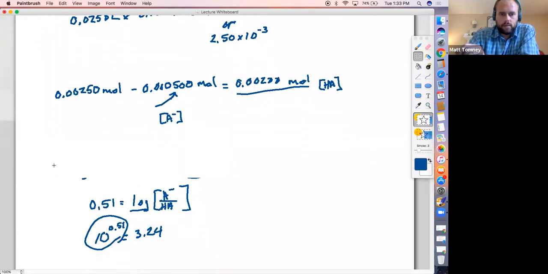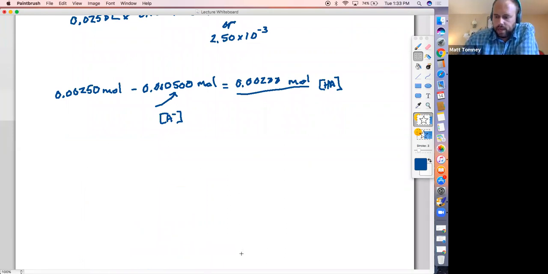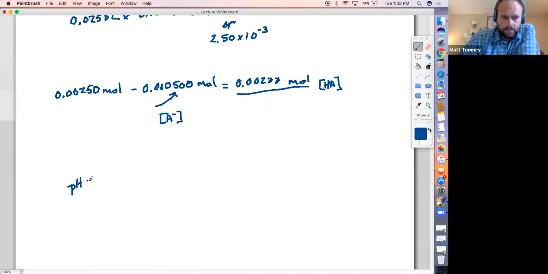So we come over and we set up the Henderson-Hasselbalch equation. This one gave the pKa directly and it asked for the pH. So we're finding the pH. We set that equal to the pKa, which is 1.95, plus log of 0.000500.